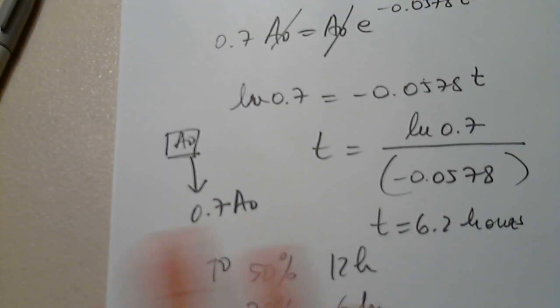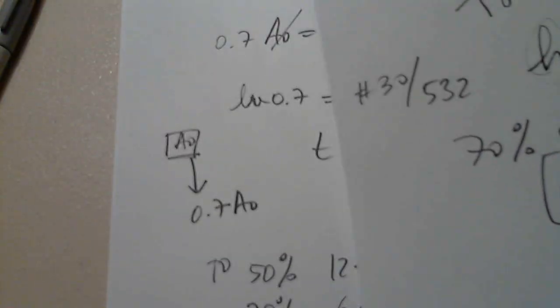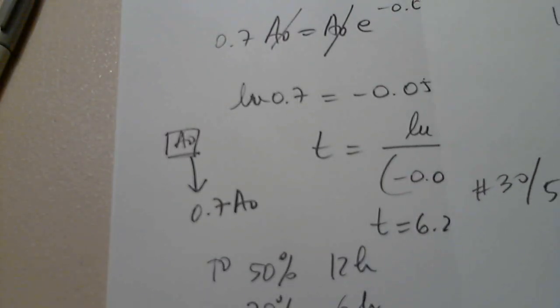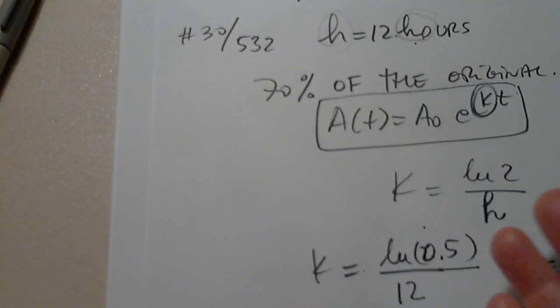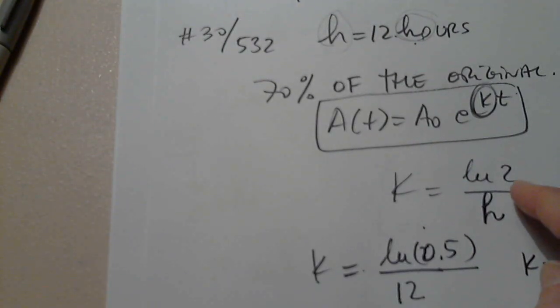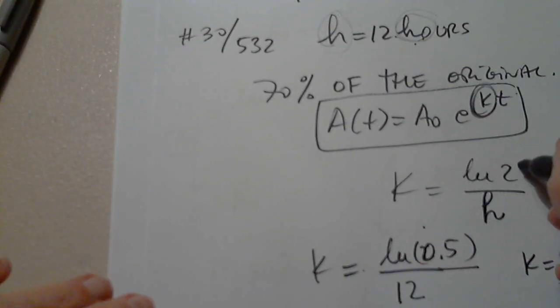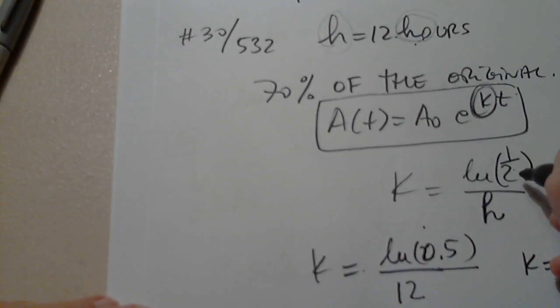So these decay rate problems look difficult, but really you should not get scared of them at all. You can use the formula. So it's not 2, sorry about that. It's 1/2 or 0.5.